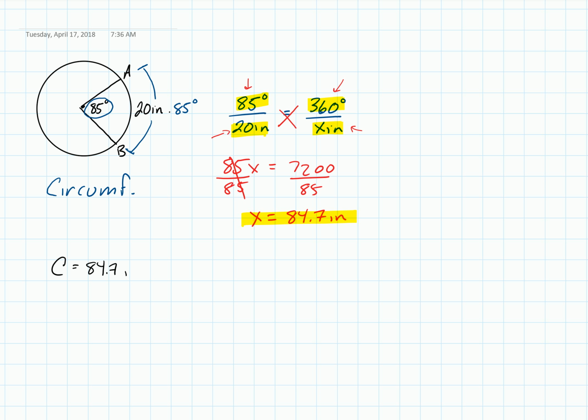And so if you told me that this circle rotated, let's say 5.5 times, then I know that every time it rotates, it travels 84.7 inches. So I would simply multiply 84.7 times how many times it rotated, and that would give me the distance traveled.